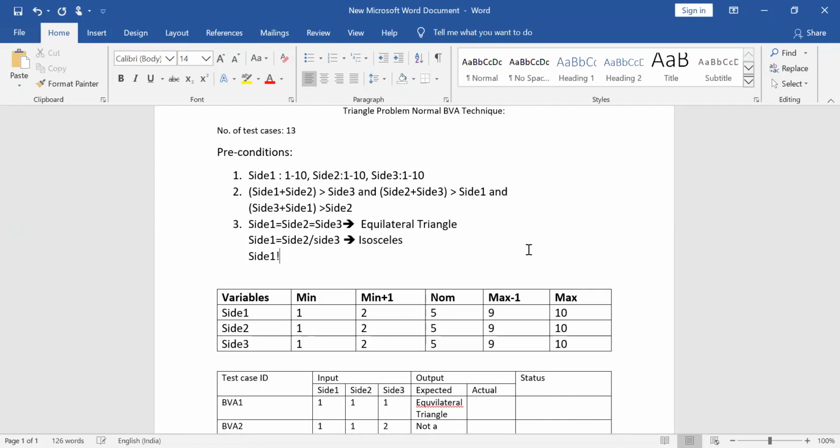Side 1 not equal to side 2 not equal to side 3, scalene.